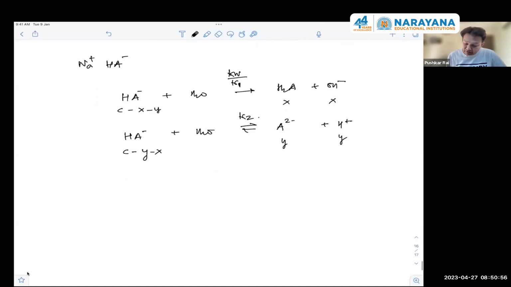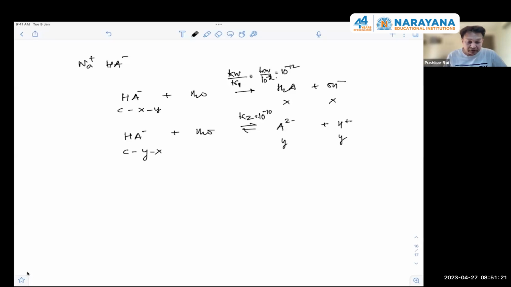And we very well know that here, in this particular case, this is Kw upon K1, suppose 10 to the power minus 12, and this K2 is equal to 10 to the power minus 10. So we very well know this value is 10 to the power minus 12 and this value is 10 to the power minus 10. Which equilibrium constant is bigger?